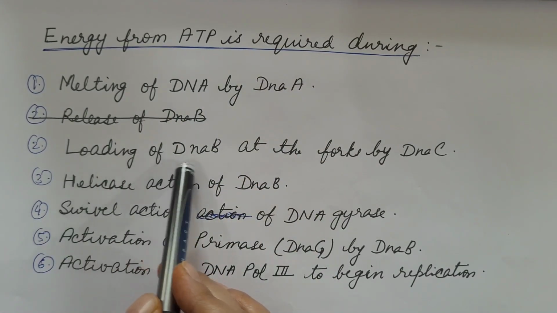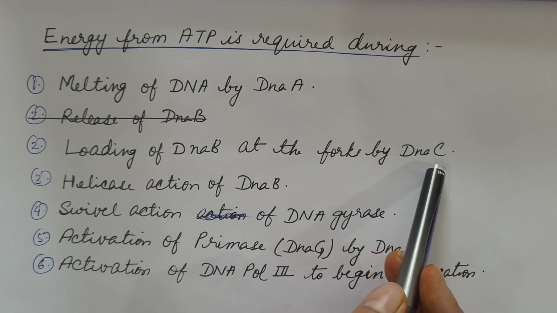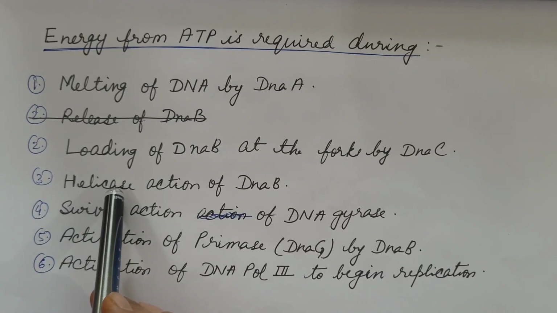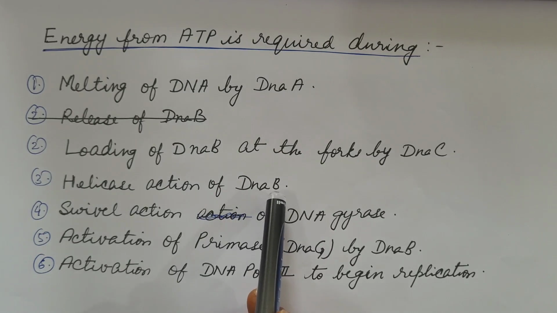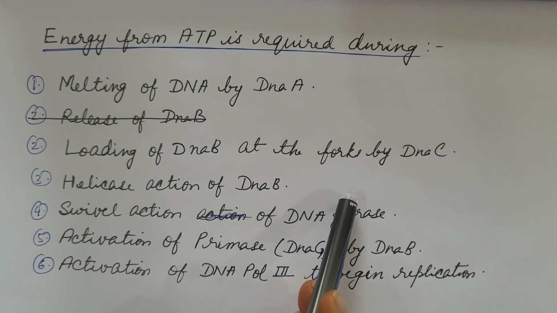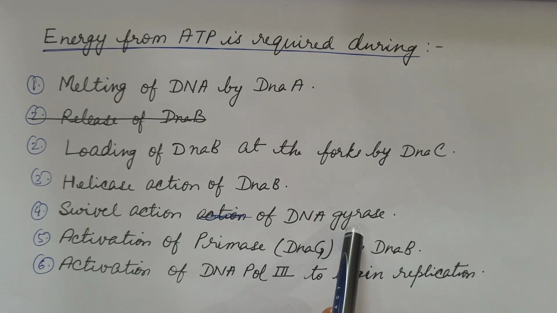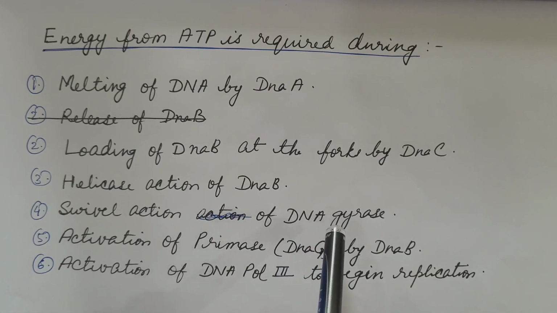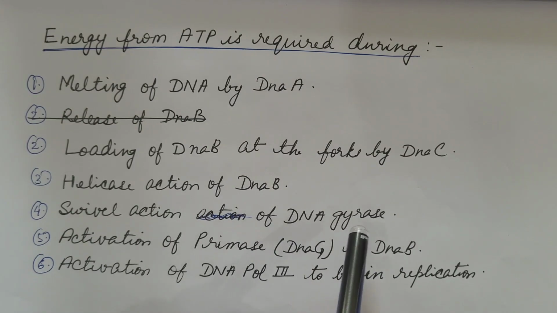Then ATP is required for the loading of DnaB, which is helicase, at the forks by DnaC, which is the helicase loader. Then ATP is also required in the helicase action of DnaB, that is separation of the two strands of the DNA at the replication fork. Also in the action of DNA gyrase. DNA gyrase is a type of topoisomerase and it relieves the supercoiling ahead and behind of the replication bubble.